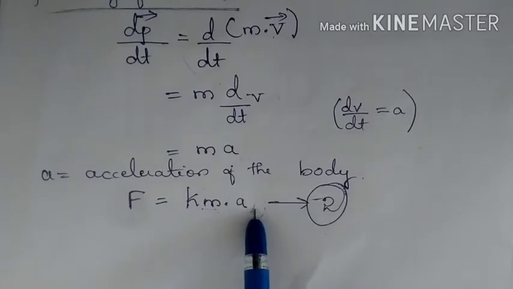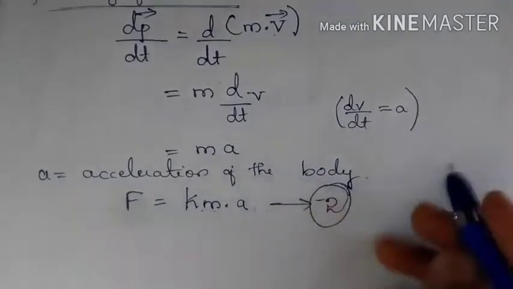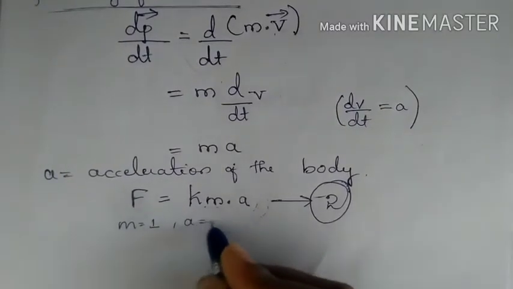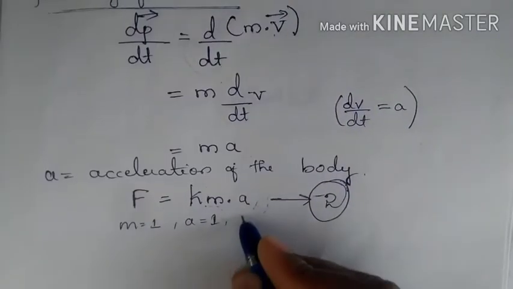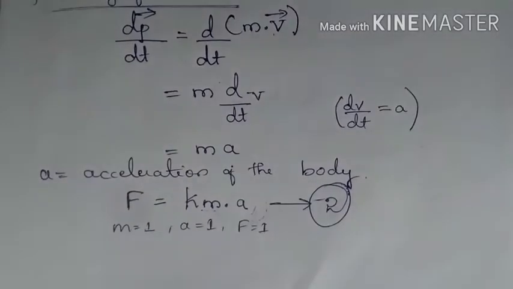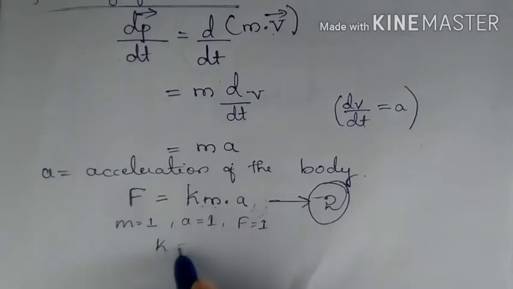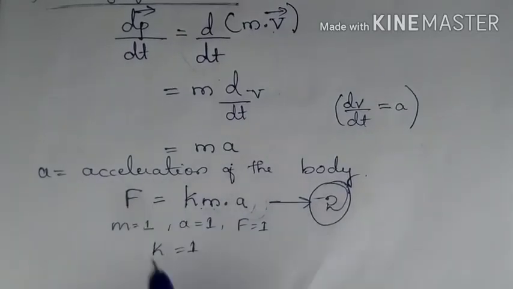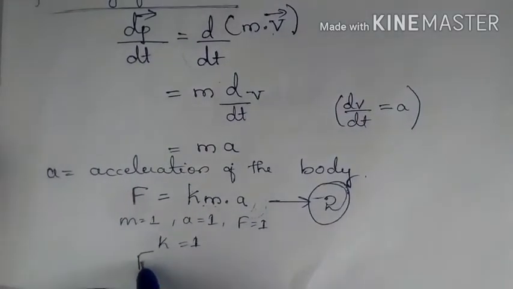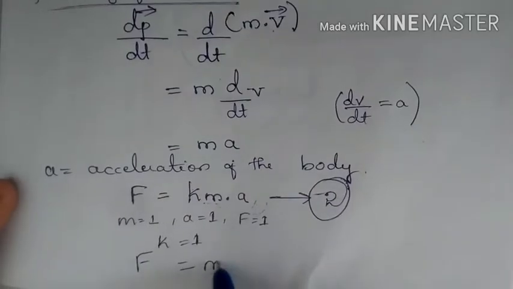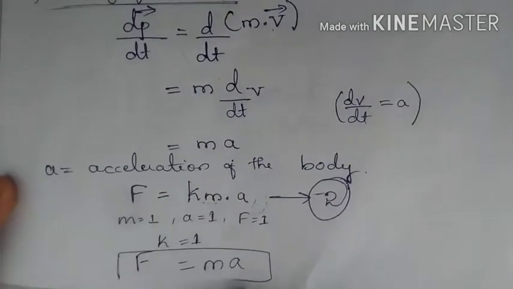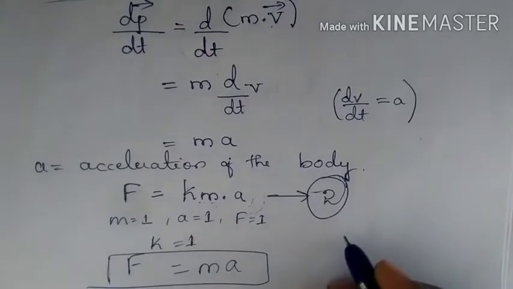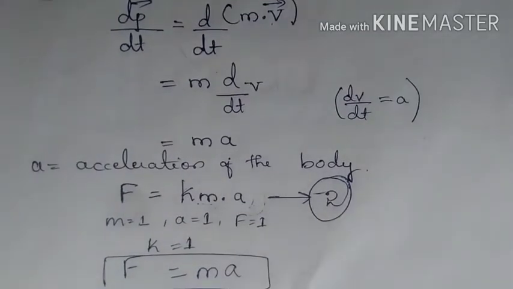If we substitute m equals 1, a equals 1 and F equals 1, then we get k equals 1. Substituting k equals 1 here, we get F equals ma, the force equation.